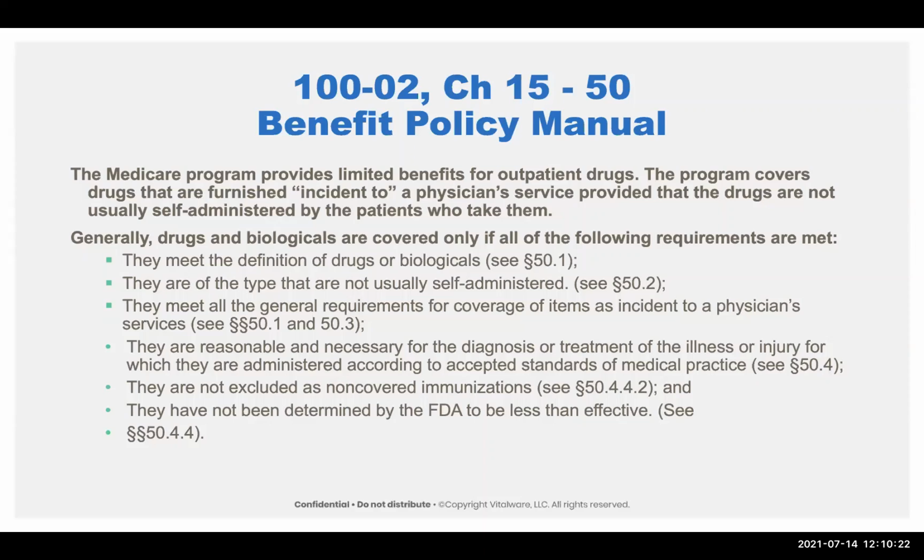They cannot be self-administered. They have to meet the requirements for coverage as incident to, and that's a very important component, is they have to be incident to a physician service. So a patient that comes in and there's some sort of a visit that occurs with a nurse and they get medications from stock, that is not an incident to. So we have to look at that.